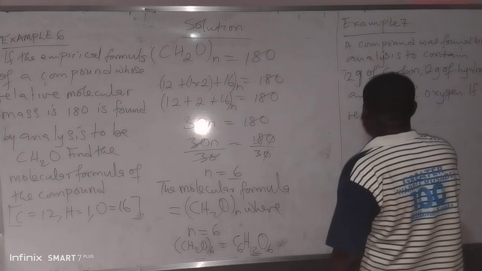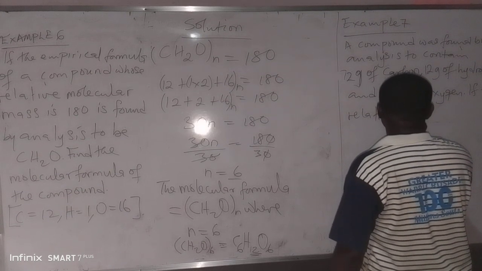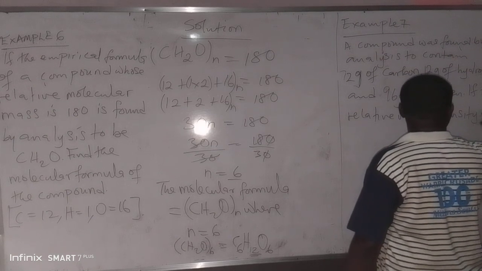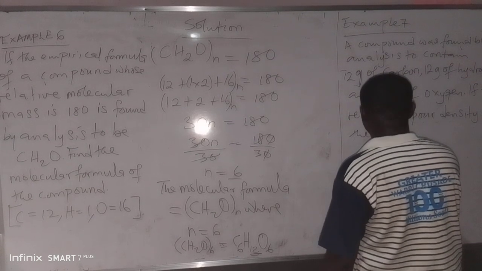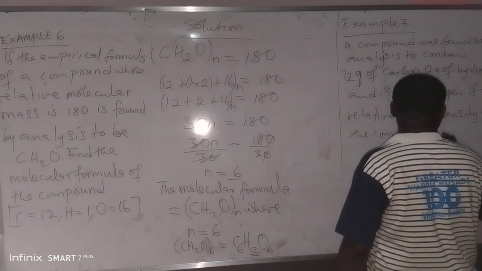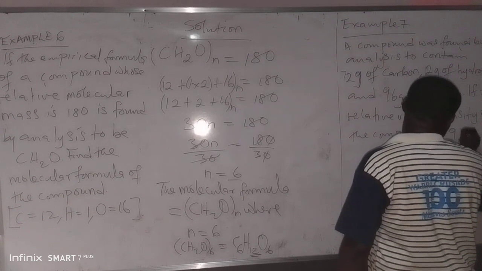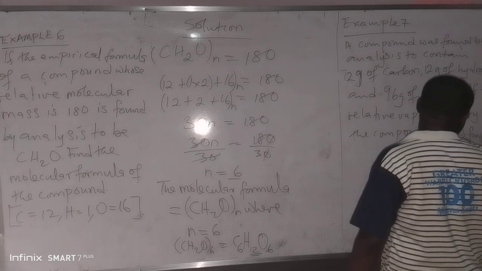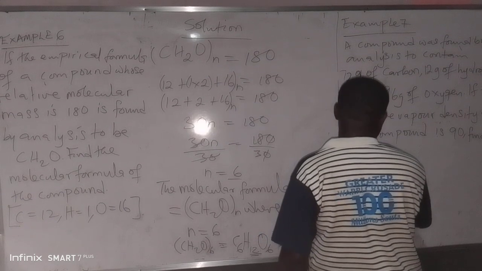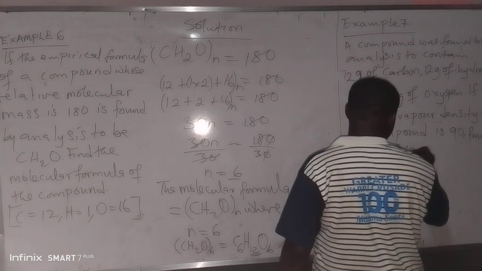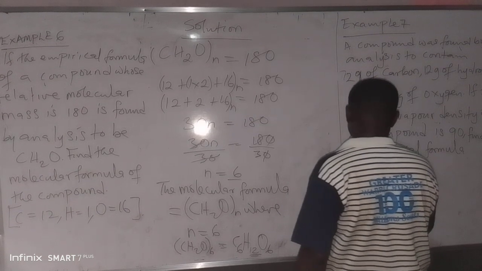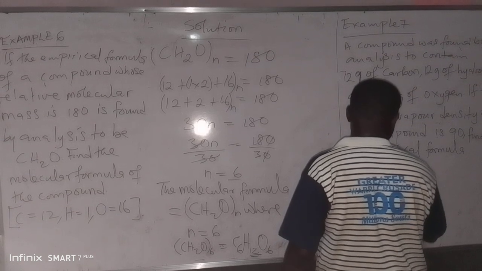If the relative vapor density of the compound is 90, find one, the empirical formula, and two, the molecular formula.